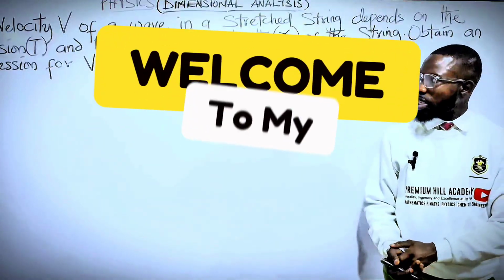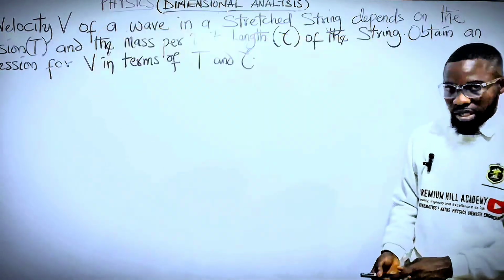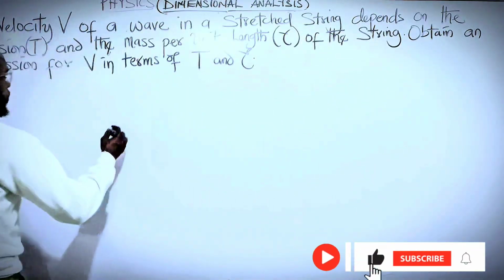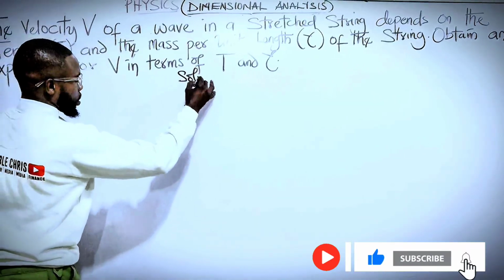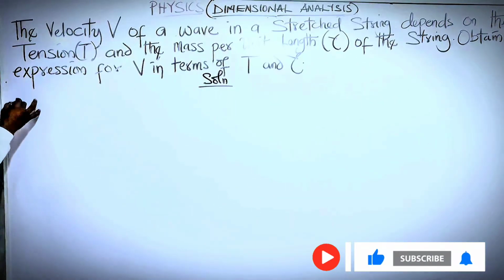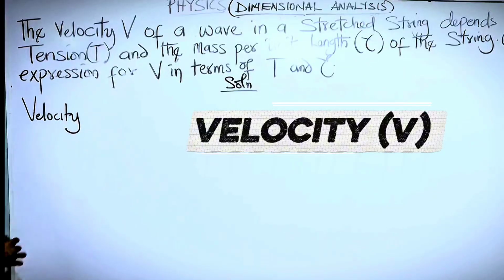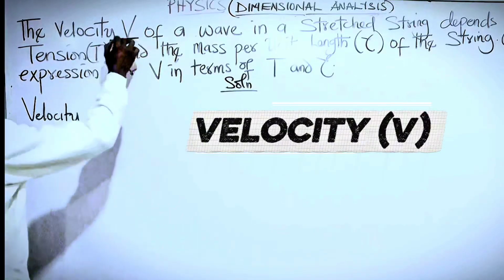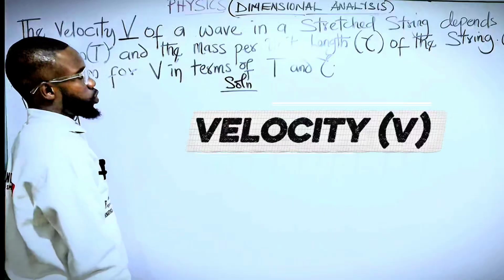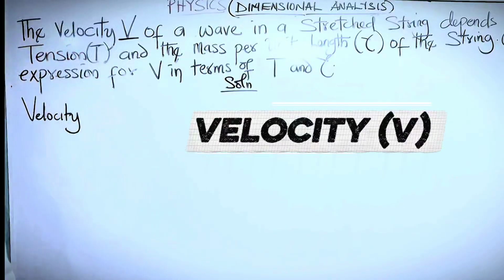Alright, so question number 2 says the velocity v, given parameters on velocity. So solution. Let's look at the first parameter we have, velocity, right? We're given velocity v, right? Velocity v of a wave in a stretched string depends on the tension.